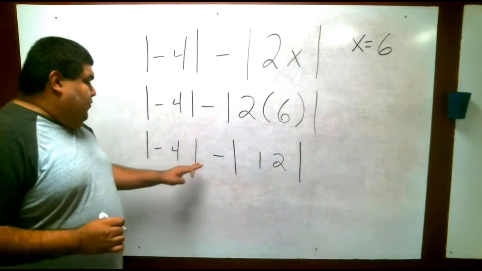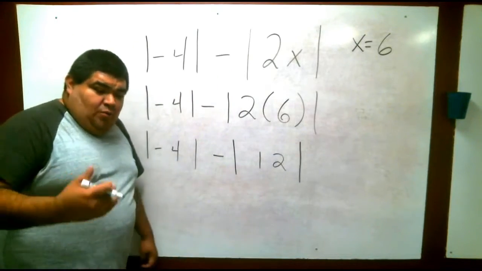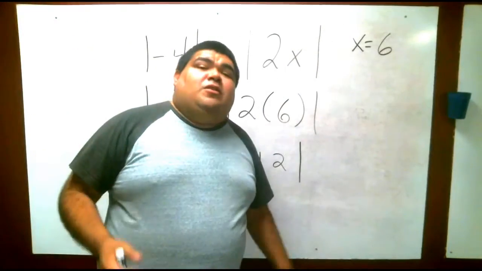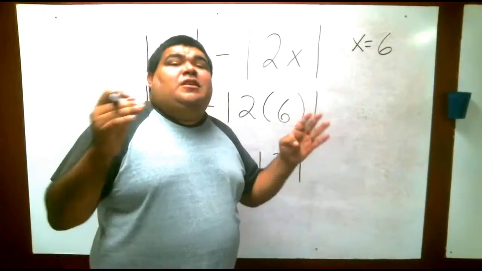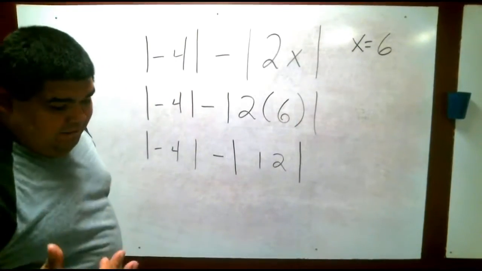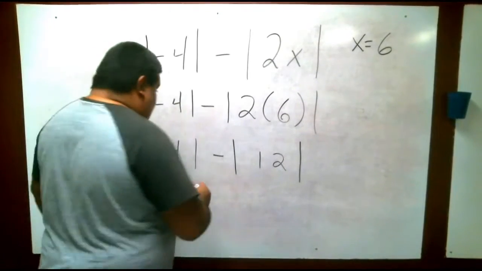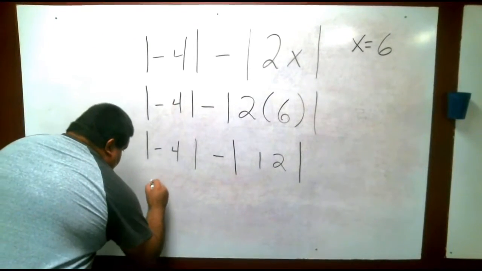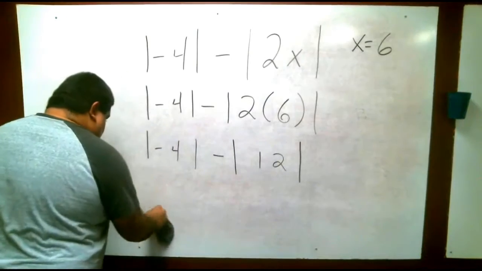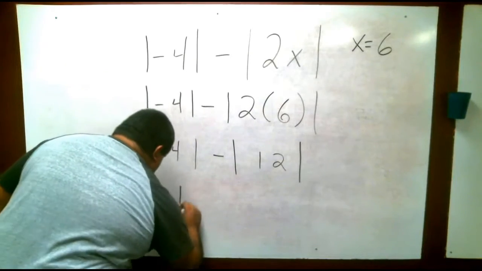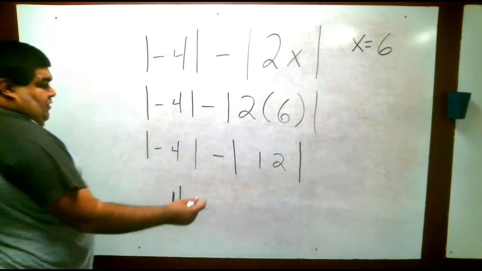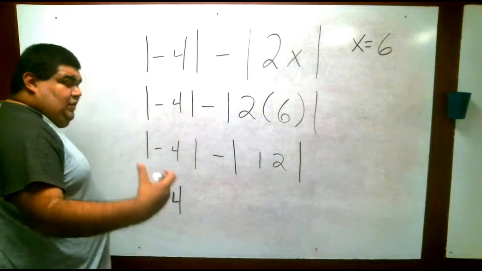Now that we have -4 minus 12, all we have to do is take it out of the absolute value, okay? Now, the way we're going to do it is, since it's negative, it's going to become positive, okay? So it becomes 4, okay? Here, since it's already positive, we leave it as it is, okay?